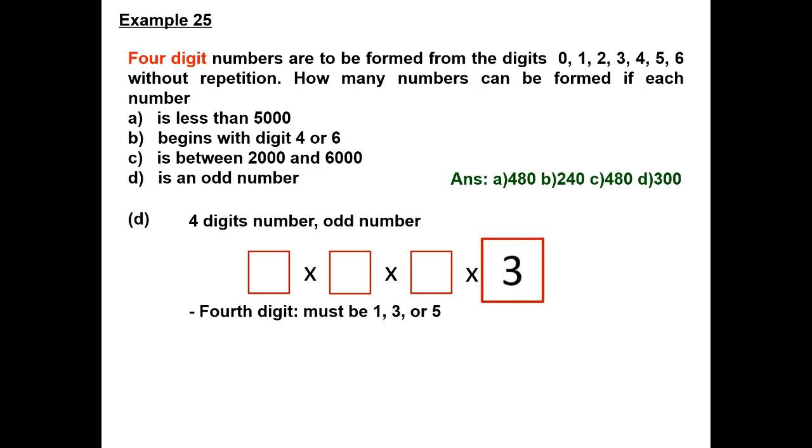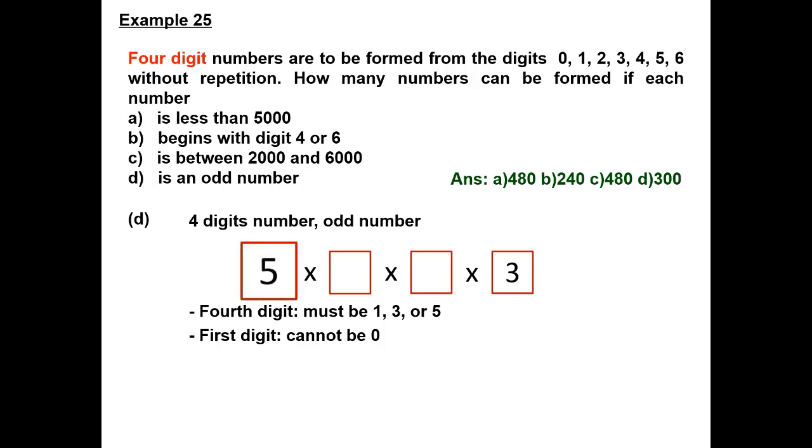It has to be an odd number. We have 3 choices of odd number, that is 1, 3, and 5. Next, we consider the first digit. The first digit cannot be 0, and one number has been used for the last digit. So, for the first digit, we only have 5 choices of number left.